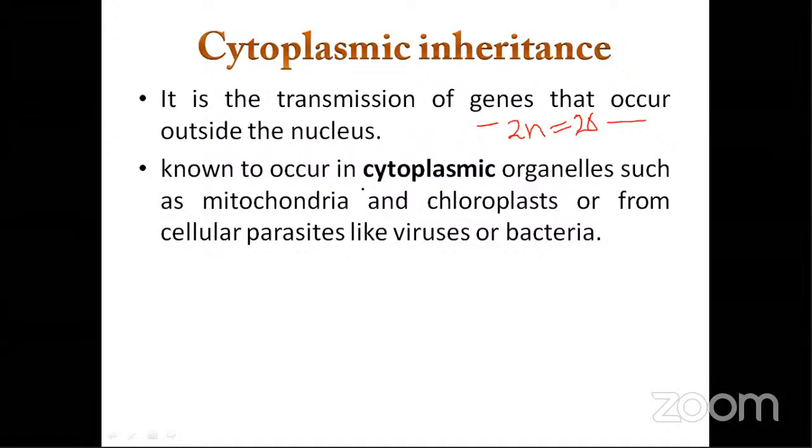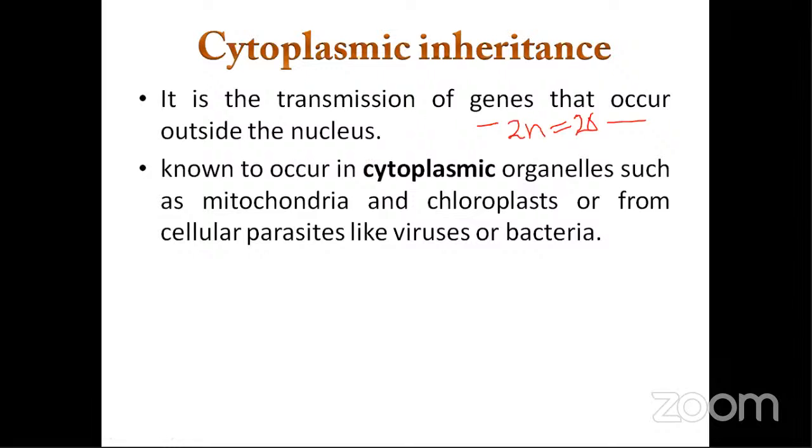They release some particles, like we will see in case of the poky mutant in mitochondria, and some virus invasion in case of bacteria. They form some particles which cause some sort of inheritance, and that is also transmitted from cytoplasm to next progeny cytoplasm. Okay, so in that case also we call it cytoplasmic inheritance.